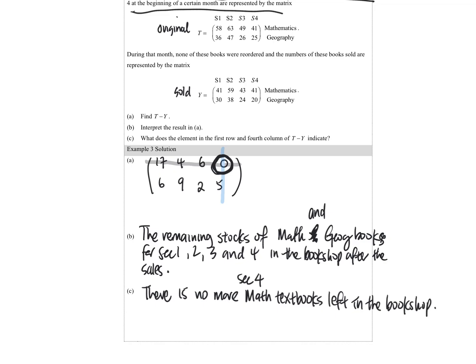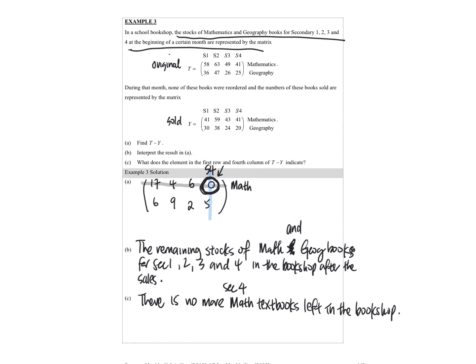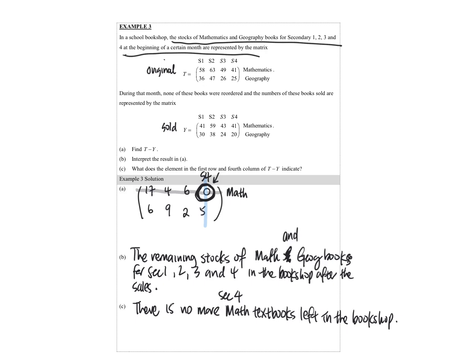Or you can say there's zero books left. So you just need to explain what this means, and we know this is Sec 4 math after the sales. So the remaining stock for secondary 4 math textbook, you say math textbook sold out, anything that is along the same line we will accept. It's your own interpretation, but try to use the words they use in the question.